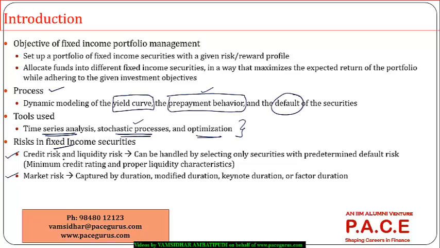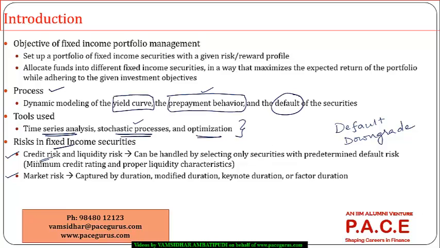When it comes to credit risk, where there is a possibility of a default, the major activities that come in: there could be a default, there could be a downgrading of that security, which could also cause a kind of loss on the security.